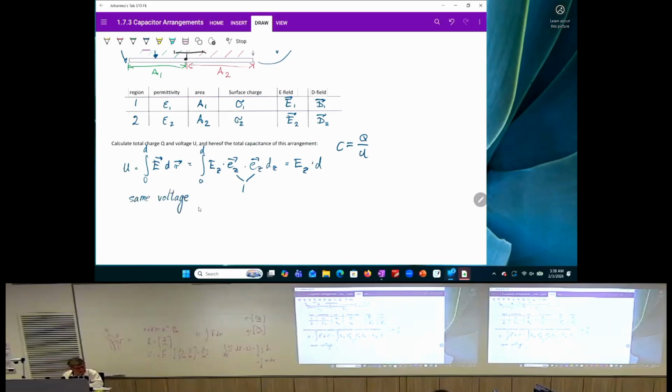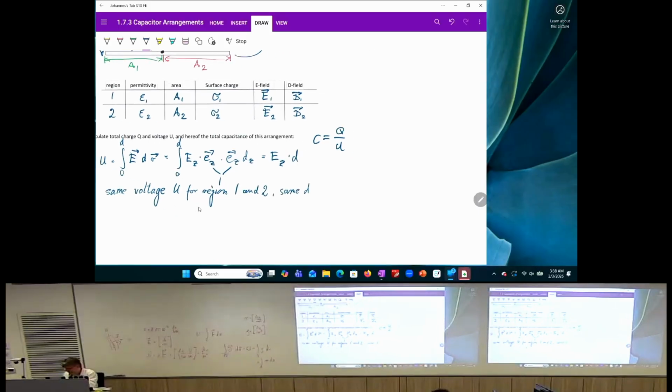Because we have applied the same potential on either electrode. We have the same distance. So from that follows that E is equal to E1 is equal to E2, and E is actually given by U over D. So that is the magnitude of the electric field. So same E field in 1 and 2.